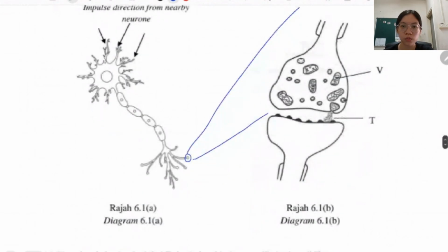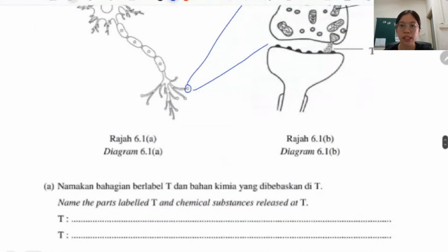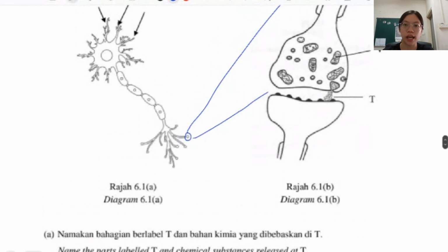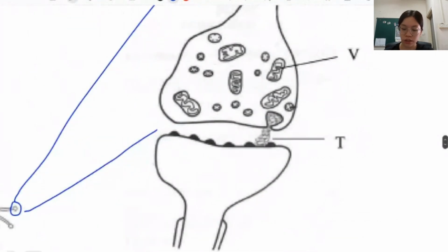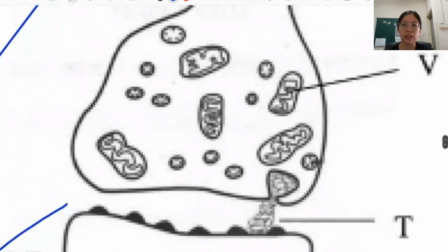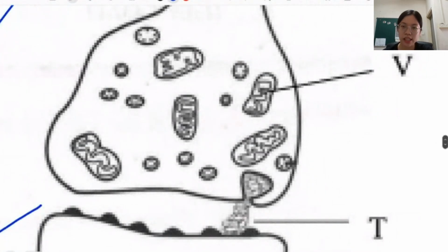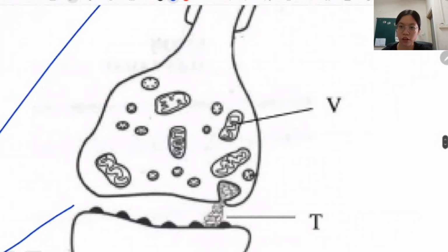So for this, name the parts labeled T and the chemical substance released at T. By taking a look in detail right here, you can see it is an organelle. This organelle is very important, the powerhouse generator that generates energy, the powerhouse of the cell. So it's mitochondria.